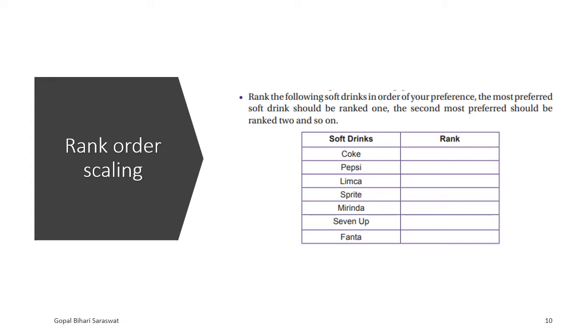Here we have the soft drinks Coke, Pepsi, Limca, Sprite, Mirinda, 7-Up and Fanta, and the rank against each soft drink has to be filled in by the respondent from 1 to 7. So if I like Sprite the most, I will give it rank 1. If my second preferred is Coke, then I will give it 2. Like this, I will give a ranking to each option of the soft drink.